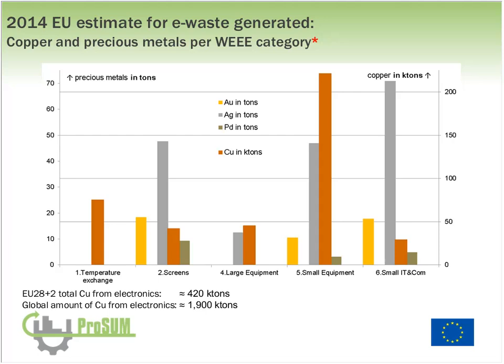The copper is on the right-hand axis in a factor 1000 in kilotons. And as you can see, specifically screens and small IT equipment are high in gold, where a lot of the copper can be found in small equipment in the form of cable, and also in the form of motors and other cable in fridges and large equipment as well.